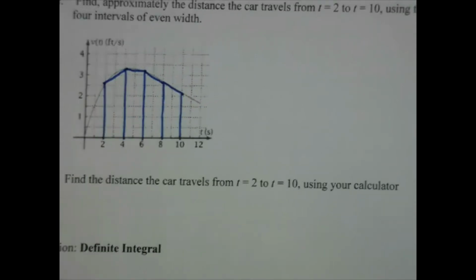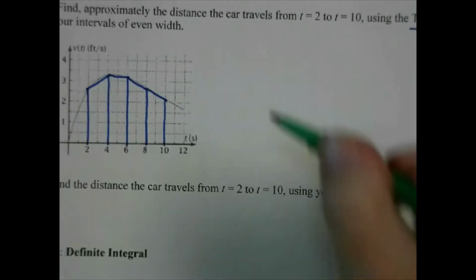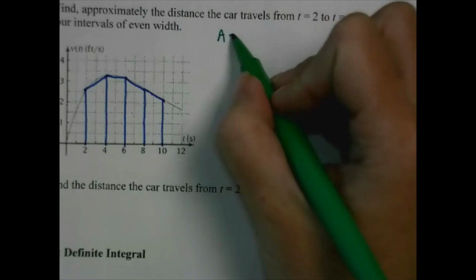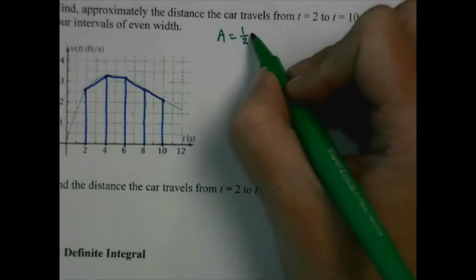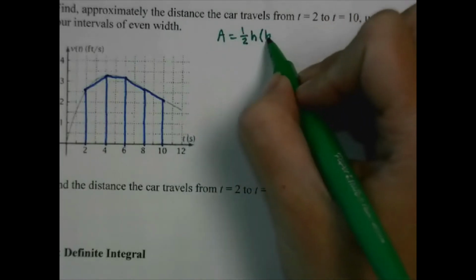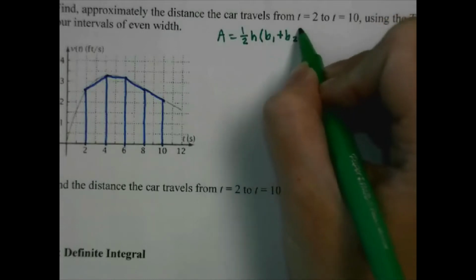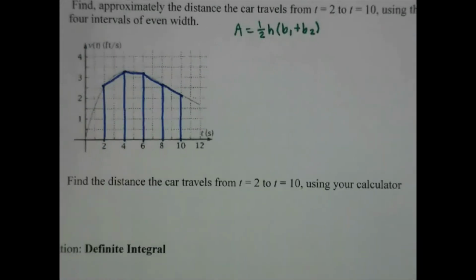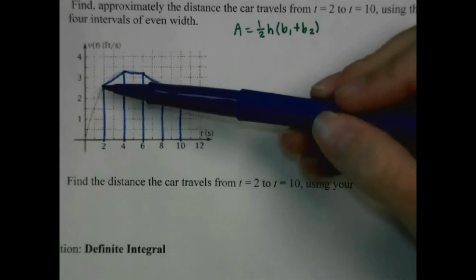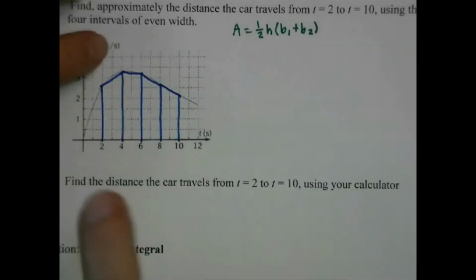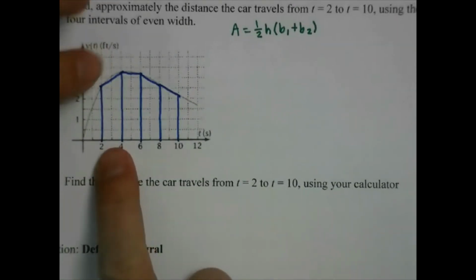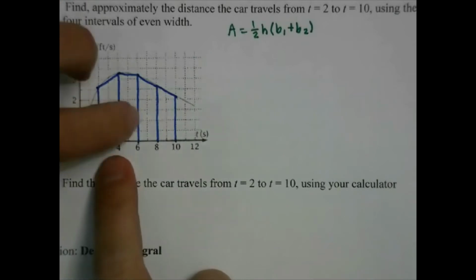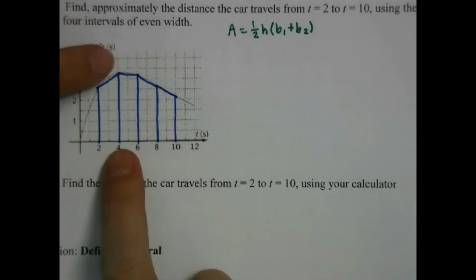Okay, the area formula for a trapezoid from geometry is 1/2 times the height times the sum of the bases. These are trapezoids. Trapezoids are defined by two parallel lines and two not parallel lines. So the two parallel lines are always going to be these vertical lines.